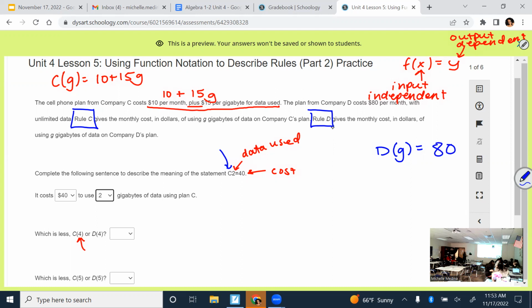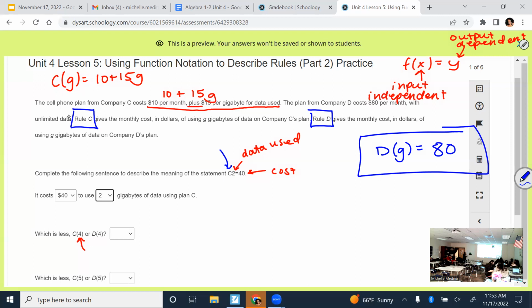Is this rule complete? Do I need to add anything else to this rule after reading it again? Company B costs 80 per month with unlimited data. Like how we did in the notes yesterday. We had one company that charged 60 no matter how much they went over. The other company charged more depending on how much data you use.